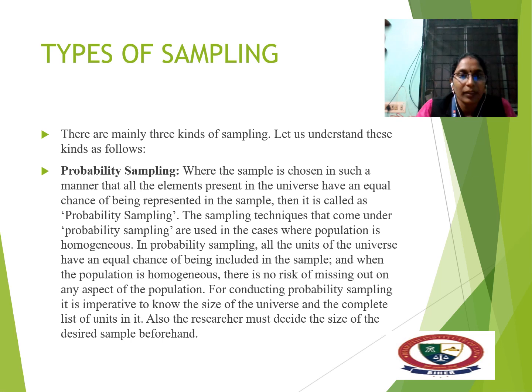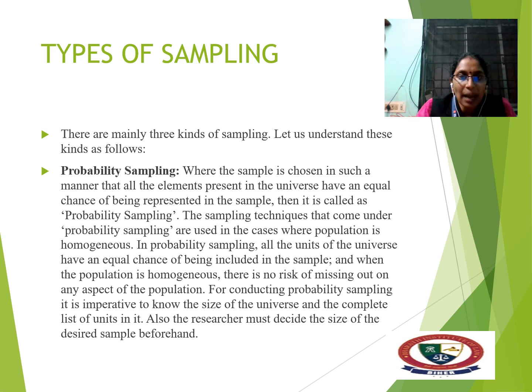Probability sampling. Where the sample is chosen in such a manner that all the elements present in the universe have an equal chance of being represented in the sample, it is called probability sampling. Sampling techniques that come under probability sampling are used in cases where the population is homogeneous. Homogeneous means the characteristics of the population are similar.